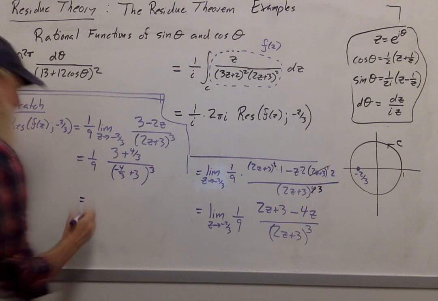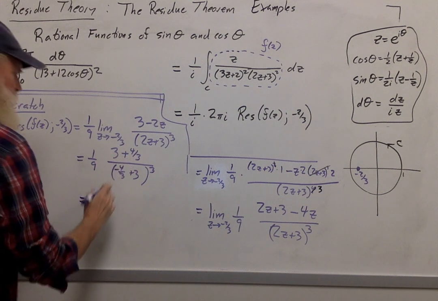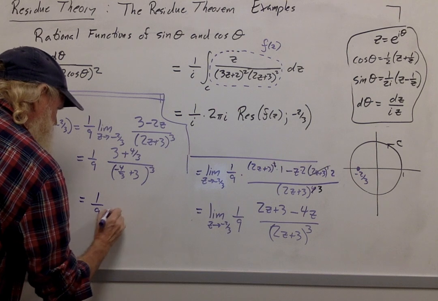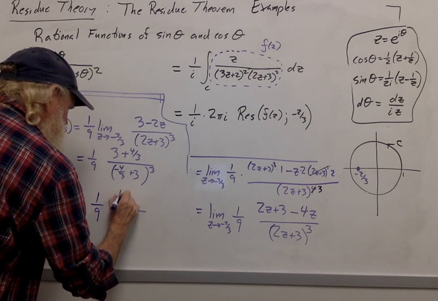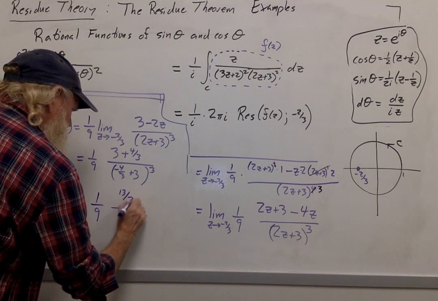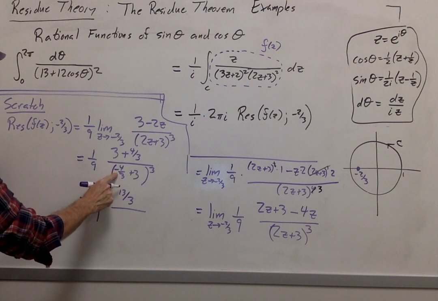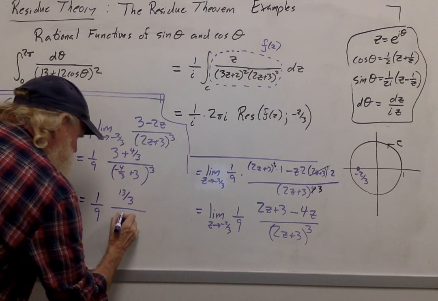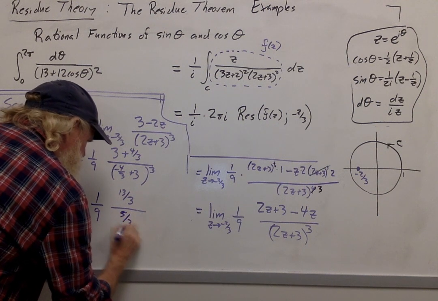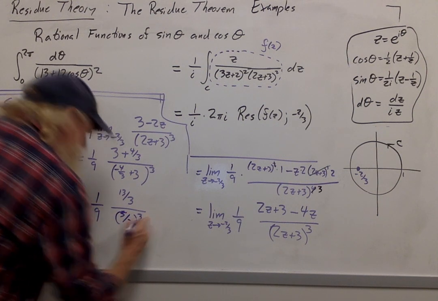And now let's do the arithmetic. 3 plus 4/3 is 13 over 3. On the bottom, 3 minus 4/3 is 5/3. So 5/3 cubed.